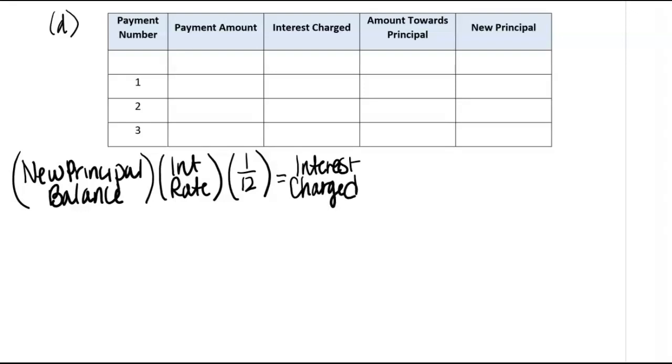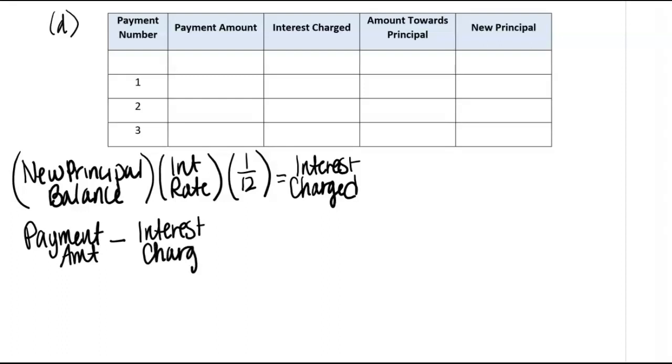We also need to find the amount towards principal. In order to do that, we take the payment amount subtracted by the interest charged, and that gives us the amount that goes towards principal.